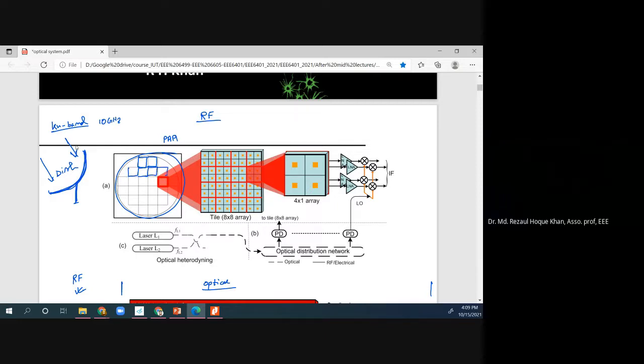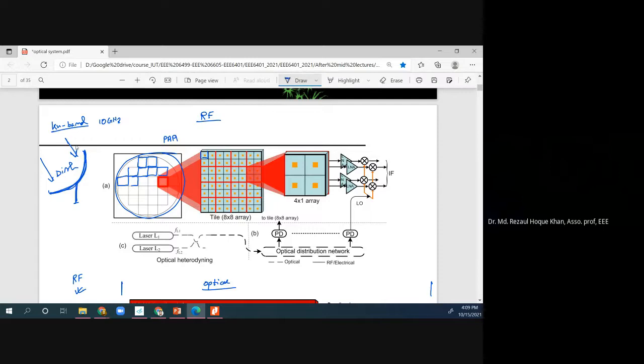This is the zoomed-in version of only one tile, and there is an 8 by 8 array. So 8 by 8 by 22.